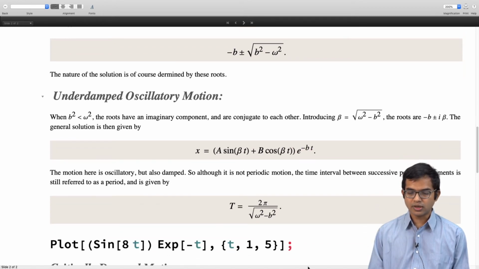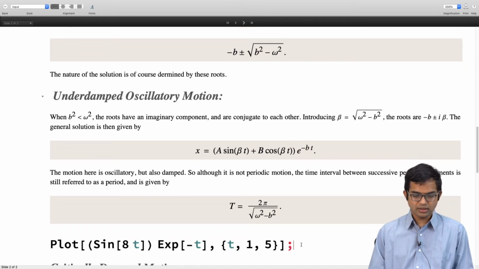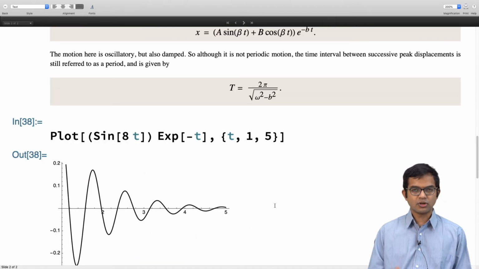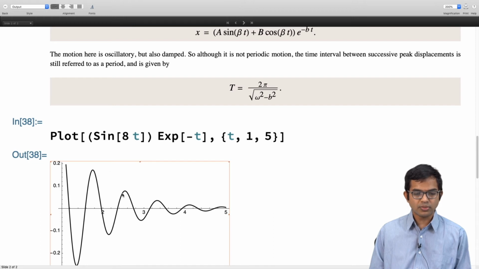Okay, so let's plot it and see what it looks like. So this is what it looks like. Now you see that the time interval that elapses between your particle going from one peak to another is the same as the time interval that elapses for it to go from this peak to the next peak, although it never really comes back to where it started.